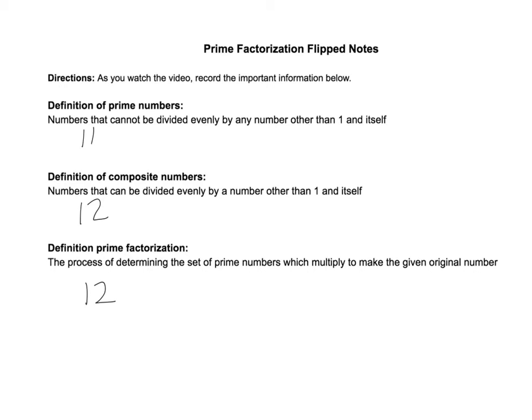And we know that the number 12 can be broken down as 6 times 2, or we could say that it's broken down as 2 times 2 times 3. So if you look at this, note that 2, 2, and 3 are all prime numbers. So 2 times 2 times 3 is our prime factorization of 12.